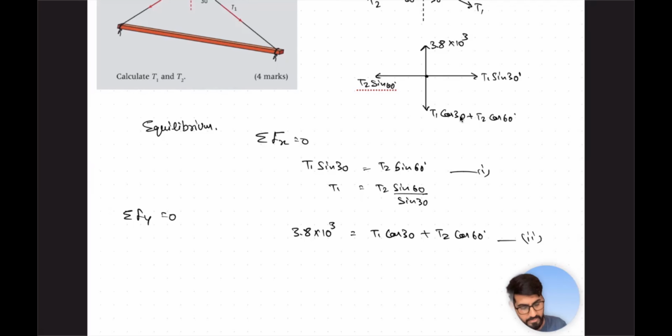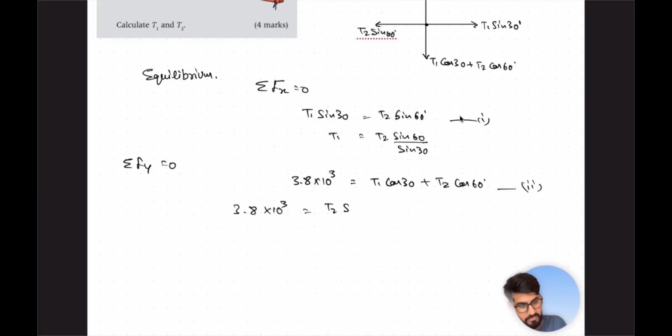So I will plug it here and find T2 first. So this T1 can be written as T2 sin 60 divided by sin 30 times cos 30 plus T2 cos 60.